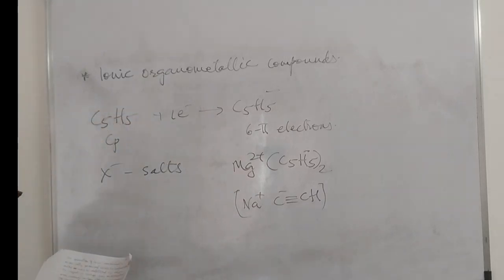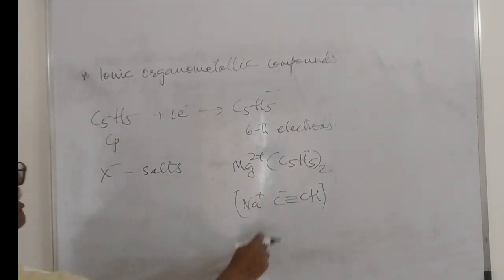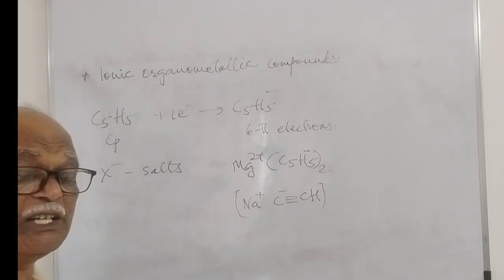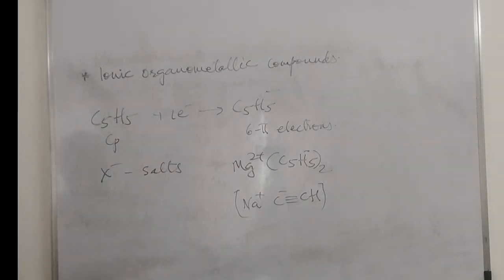So this is sodium acetylide. Here the negative charge is concentrated on carbon. Here also the negative charge is concentrated on C5 and it is easily delocalized over the ring because of the unsaturation or presence of pi electrons.